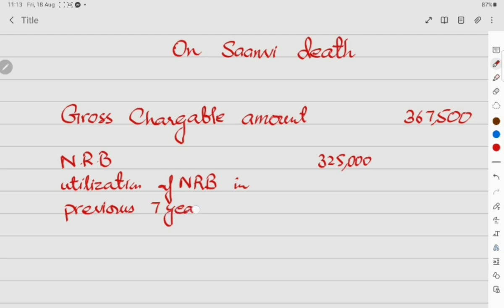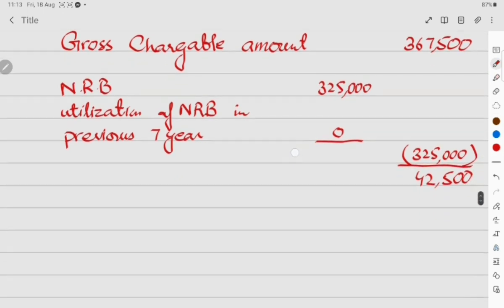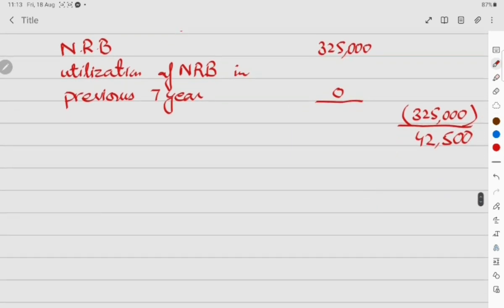It is nil, there is no utilization of nil rate band in the previous 7 years. So the whole 3,25,000 of nil rate band is applicable. It will reduce the amount to 42,500. Remember, on this amount the tax liability is to be calculated, at the rate of 40%.